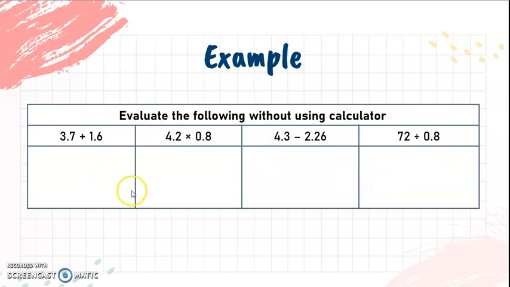Okay, so the first one, addition, let me just show it to you. So it's simply 3 plus 1.6, we have 5.3. Okay, if you don't get the same answer, please let me know. Okay, for the next three here, I want you to evaluate on your own without the use of a calculator. Okay, I want to see the working.